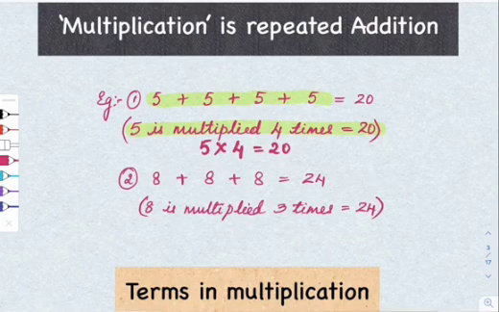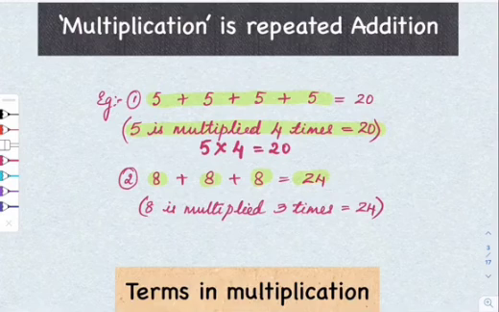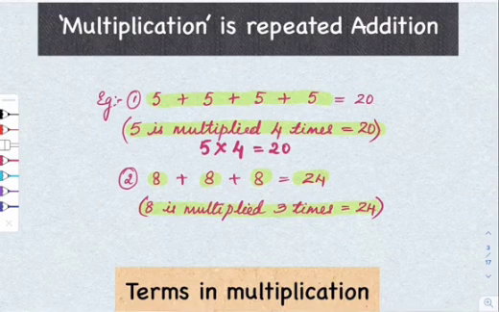Similarly, we'll take up another example. 8 plus 8 plus 8 gives you 24. That is, 8 is repeated thrice. Or in other words, 8 is multiplied 3 times to get 24. Did you all get it, children? Hence, multiplication is repeated addition.